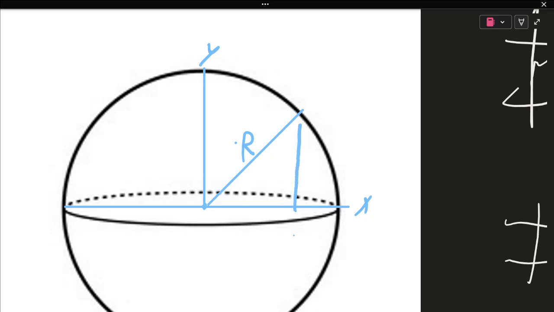Let's say the distance at any point x is going to be a changing value of little r. It depends along the x-axis what the radius is going to be, but the radius is going to account for all of the sphere, so it's going to go up and around, and each little section is going to have a distance r.